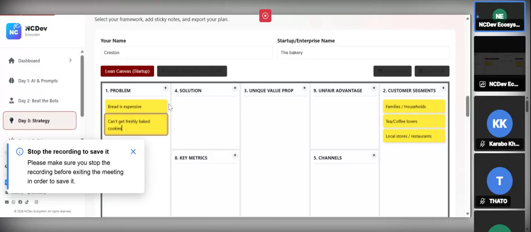The cookies they always get are either the ones from Mr. Baker's Man or ones that are just stale in the shops, right?